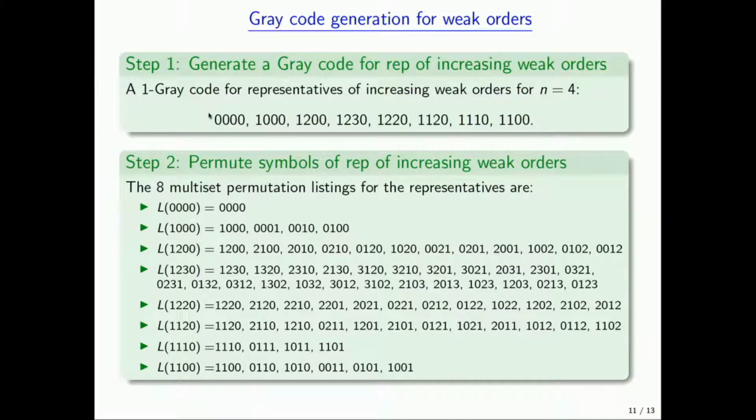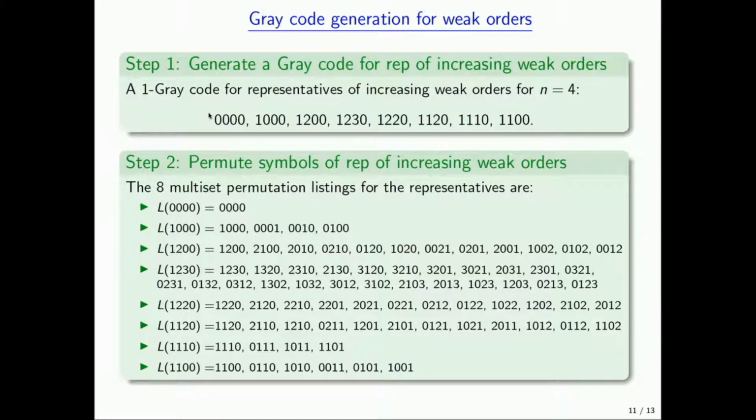So once we're done, the next thing is we just apply some common algorithm to generate a Gray code for the multiset permutations. Basically, you just permute them such that they form a true Gray code. So between them, it is one Gray code, and then between the listings, it is another Gray code. Now when you join them together, you form a true Gray code for this reorder.